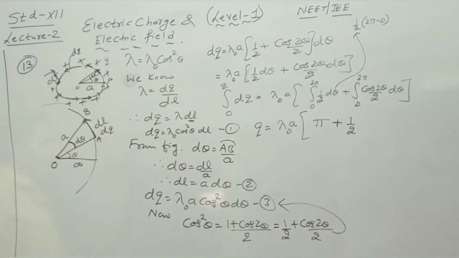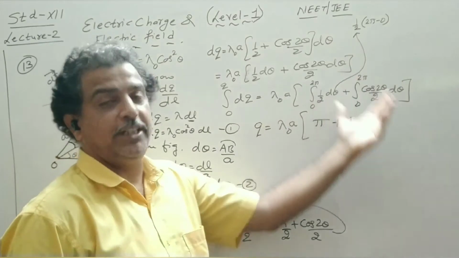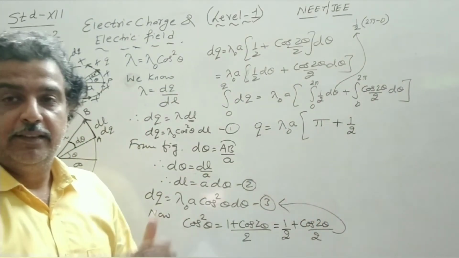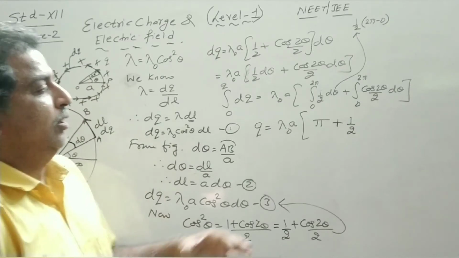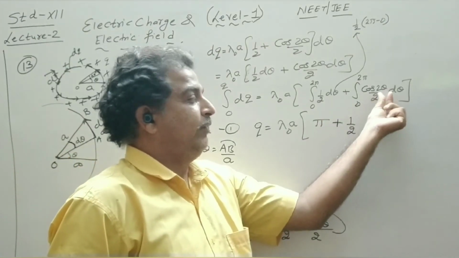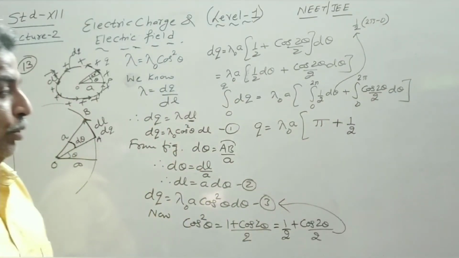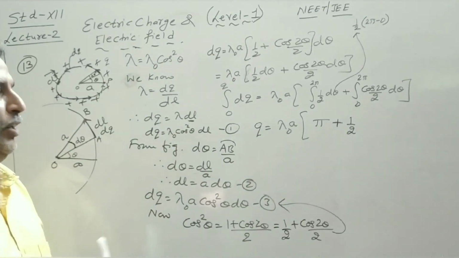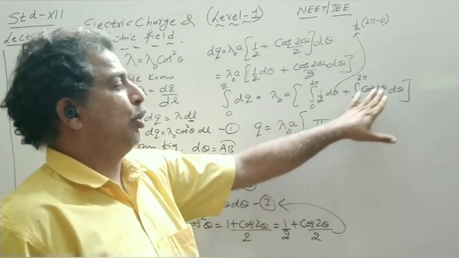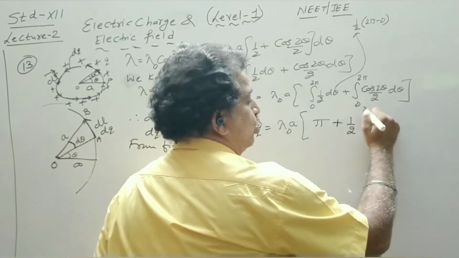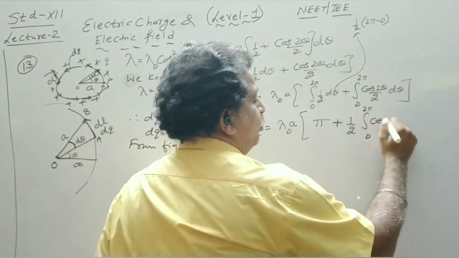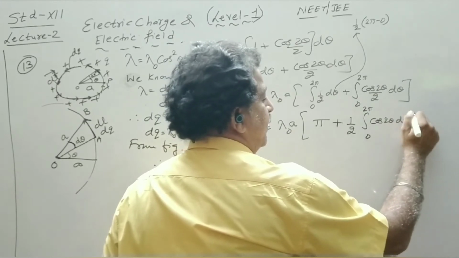Now integration of cos 2 theta. The integration of cos theta is sin theta, and we have to do the derivative of 2 theta also. So let me write this as integration 0 to 2 pi cos 2 theta d theta.